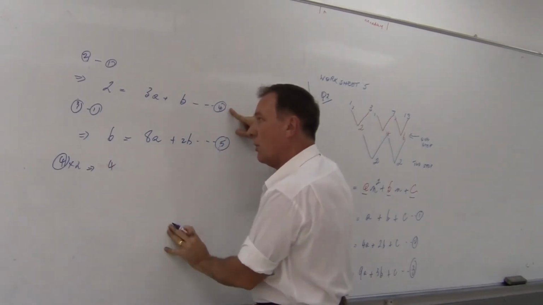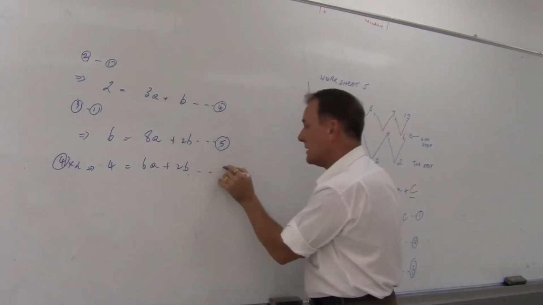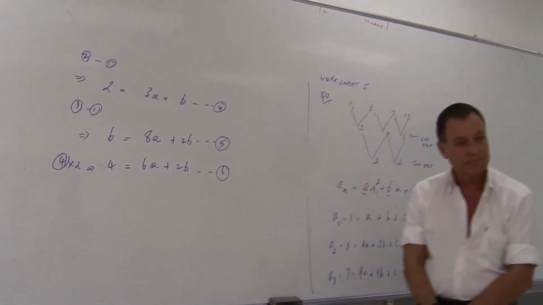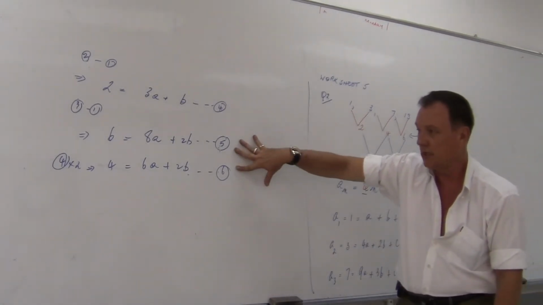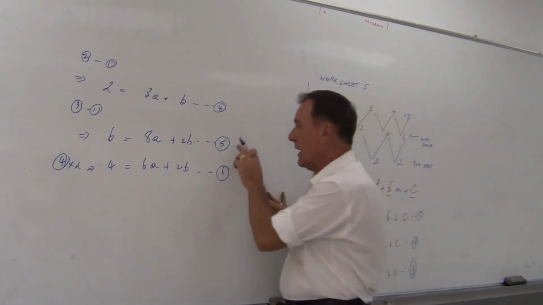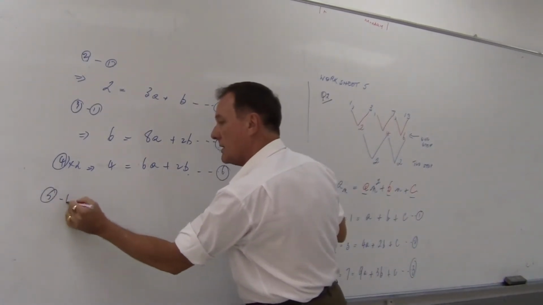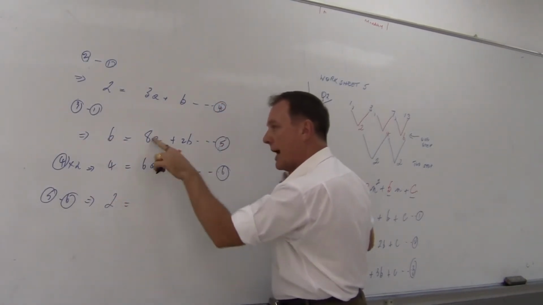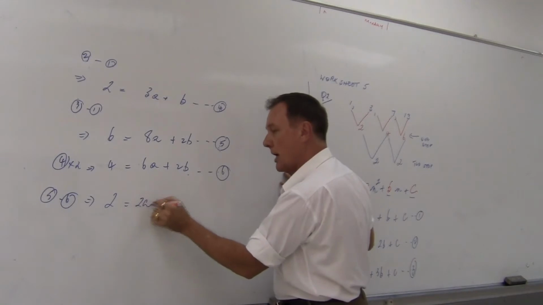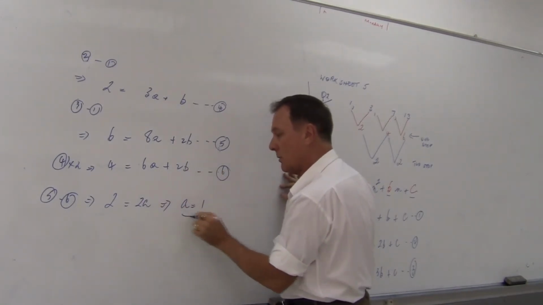We get 4 equals 6A plus 2B. That's number 6 now. Now, here's the 2 we can work with. Equation 5 minus 6, let's see what we get. 6 minus 4, 2. 8A minus 6A, 2A. 2B minus 2B, nothing. So A must equal 1.